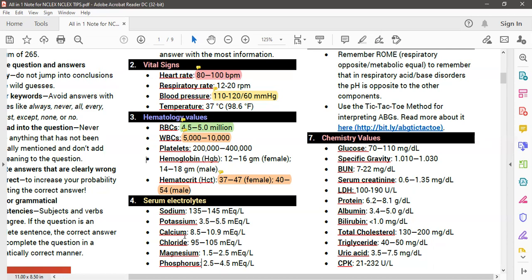Next one is calcium. Calcium is a mineral important for our bones and teeth development, dental development. The normal range of calcium is 8.5 to 10.9, or some books wrote 10 milliequivalent per liter, right?